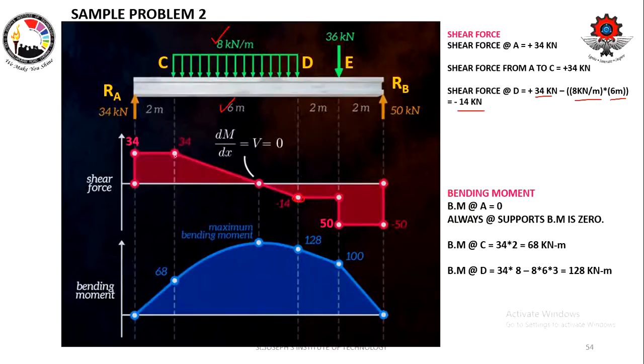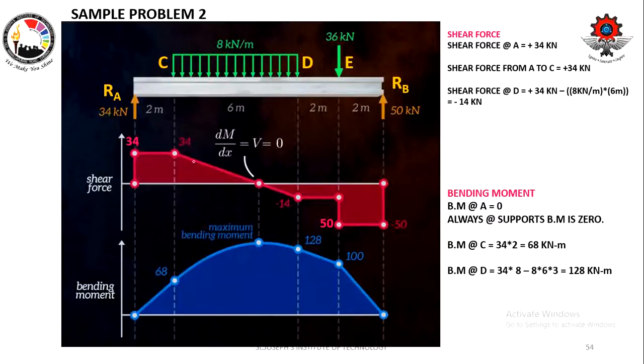But why we are drawing an inclined line, that we are supposed to know. Again, this goes back to the relationship between the rate of loading, shear force and bending moment.